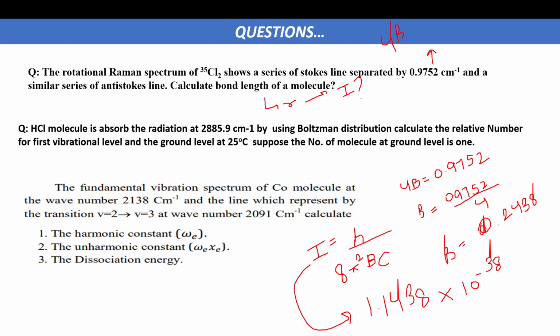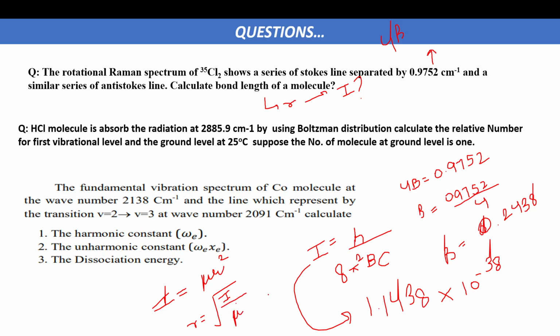So now you know I. So how can we calculate R? We know I is equal to mu R square. So from here R will be under root I upon mu.